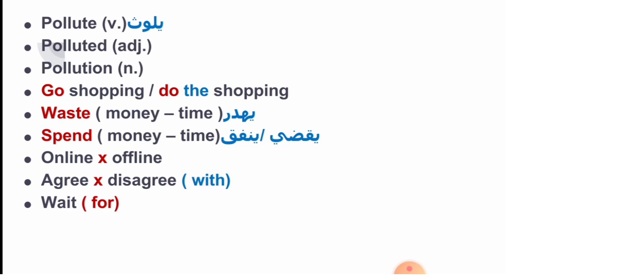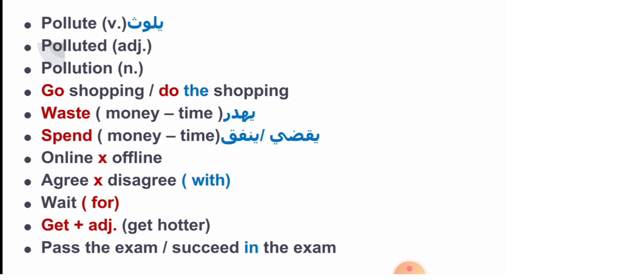Wait for. We repeat this verb many times in each unit. Wait for, I'm waiting for the bus, I'm waiting for the next train, and so on. Get, one of the verbs that are followed by an adjective. Get hotter, get warmer, and so on.